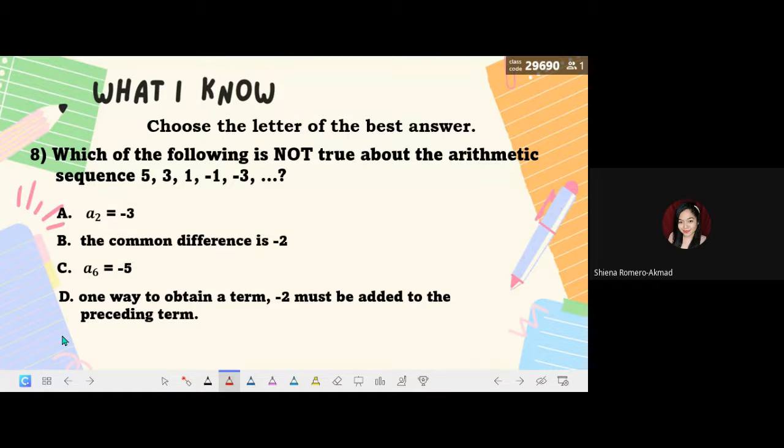O, alin naman dyan ang not true? Is it A? Ang A sub 2 daw is negative 3. Yes, Mark? Letter A po. Letter A. Bakit?